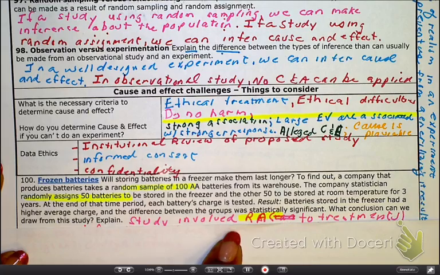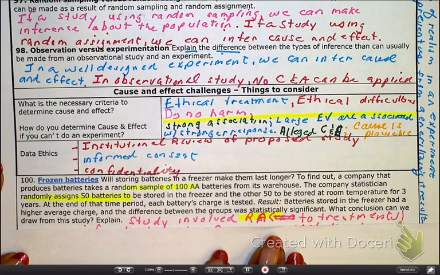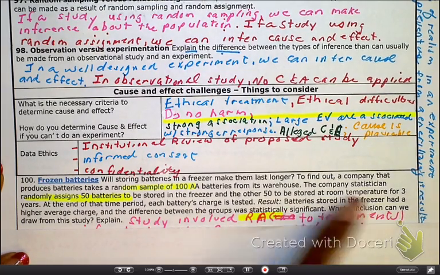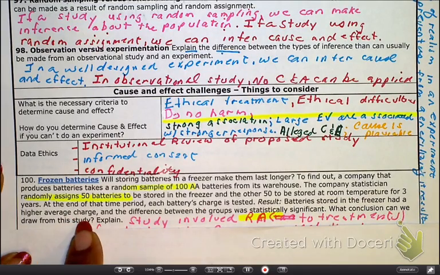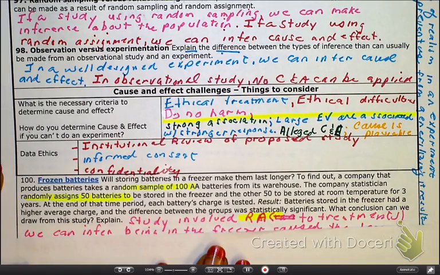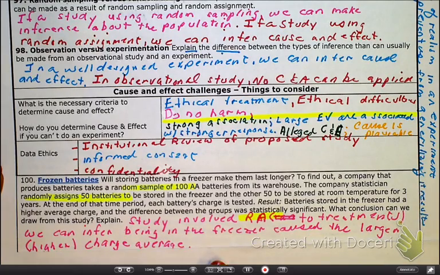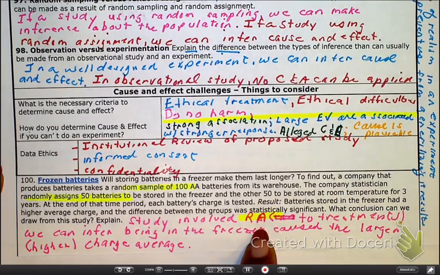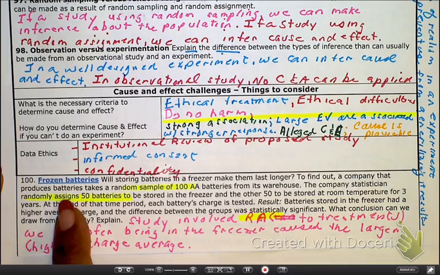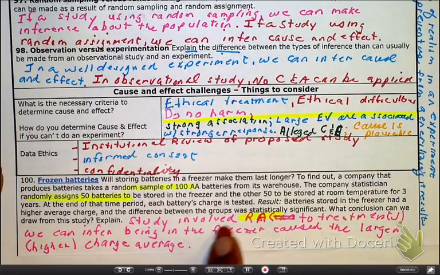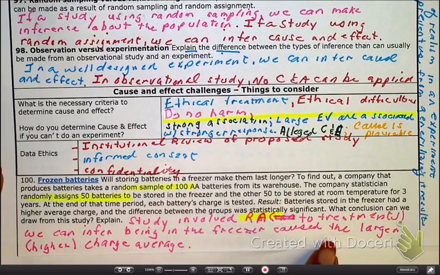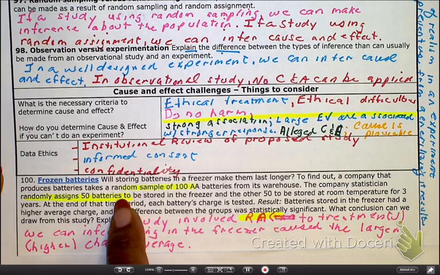So the result was that batteries stored in the freezer had a higher charge. That's what I was looking for. Okay, so explain. Now, this study did involve a random allocation to the treatment. Since we had 100, we had enough replication. One treatment was refrigeration.